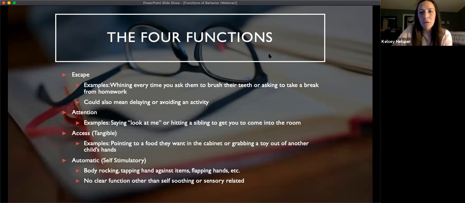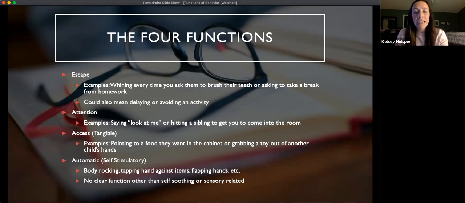Okay, so let's talk about the 4 functions. So escape is one of them. So an example of escape could be whining every time you ask them to brush their teeth or asking to take a break from homework. So really you can see I provided a couple examples because it's not only challenging behavior that has a function, it's also appropriate behavior that has a function.